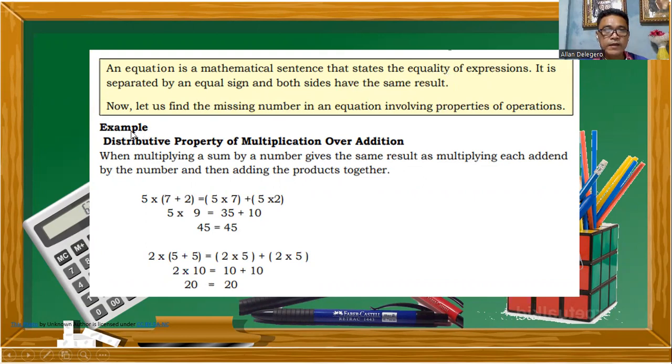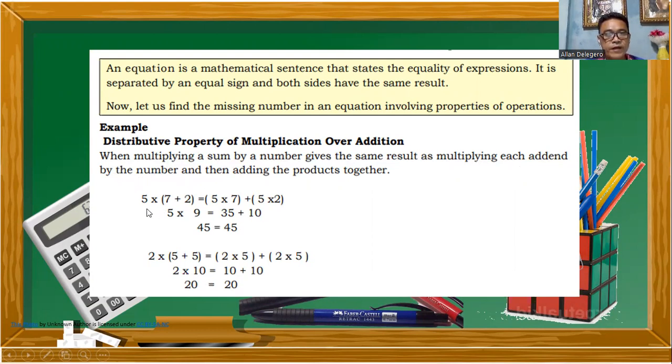So we have here an example of the distributive property of multiplication over addition. When multiplying a sum by a number, it gives the same result as multiplying each addend by the number and then adding the products together.